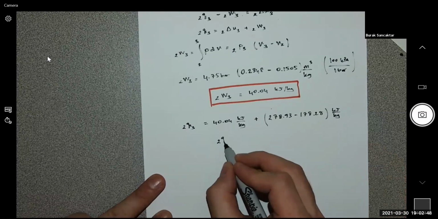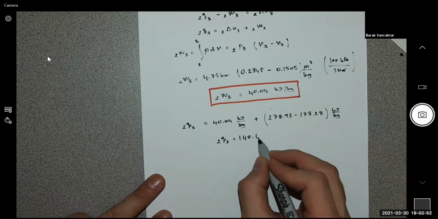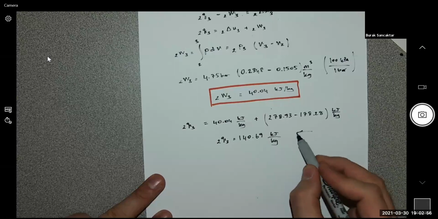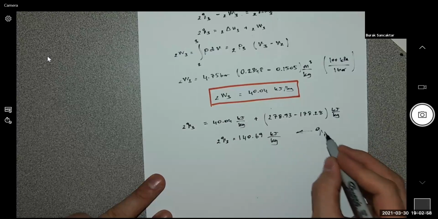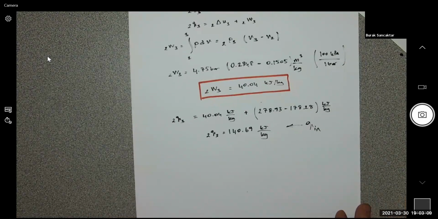Heat from state 2 to state 3 was 140.69 kilojoules per kilogram, which is Q. Okay.